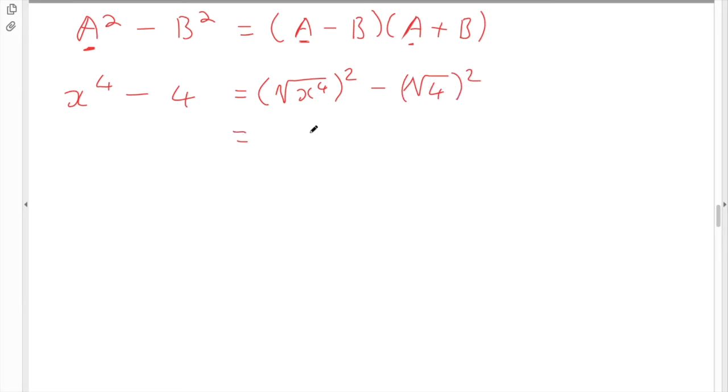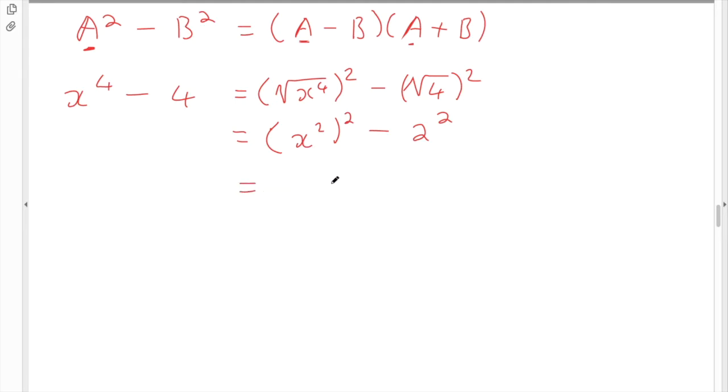And in this case, we're going to get x squared to the power of 2 minus the square root of 4 is 2, and that becomes 2 squared.